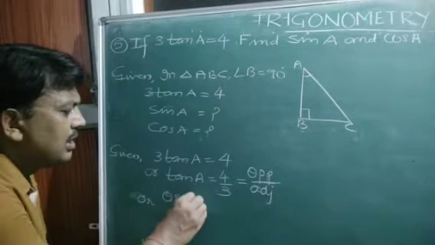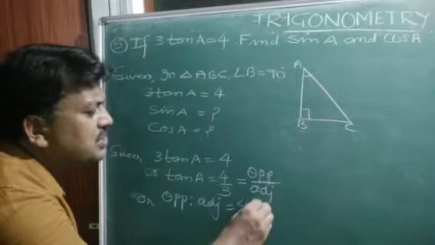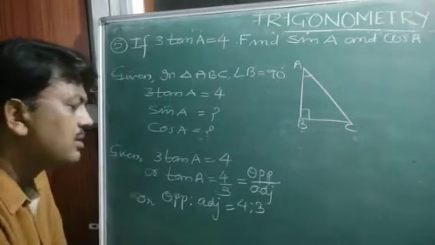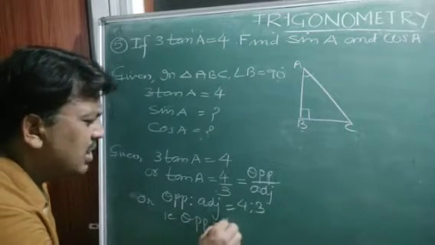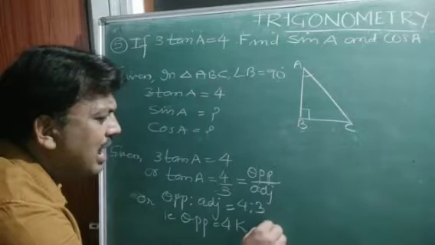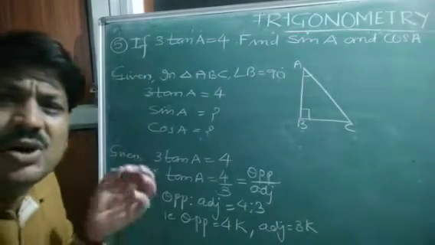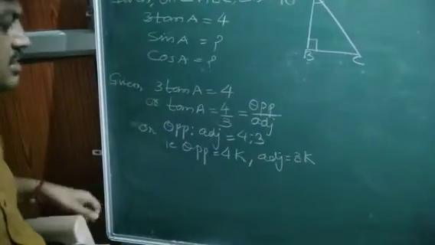Opposite is to adjacent is equal to 4 is to 3k. Okay children. So it means what? Opposite is equal to 4k and adjacent is equal to 3k. K is any positive integer, children. K is any positive integer.